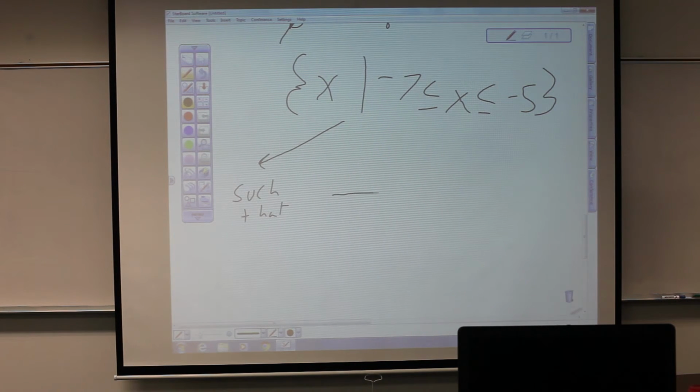So when we're drawing it on our number line, that means it is between -7 and -5. Now the question is, are we going to have circles or dots? Dots. Why dots? Because it's greater than or equal to. Correct, which also means you have the brackets.